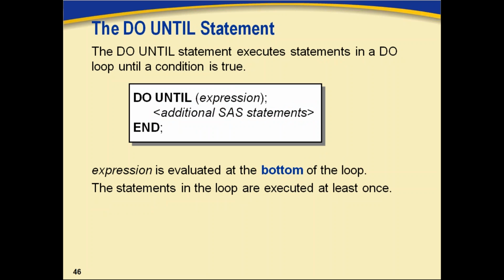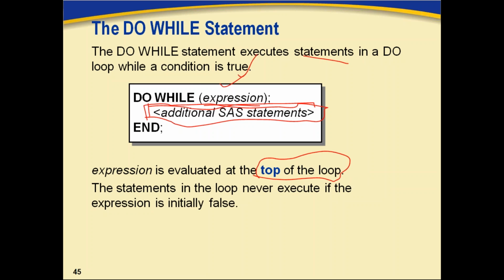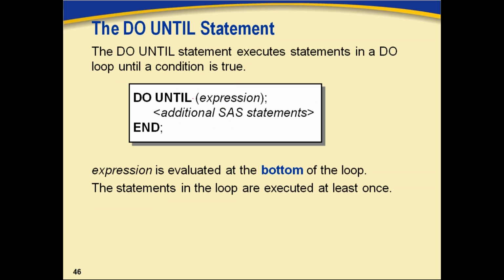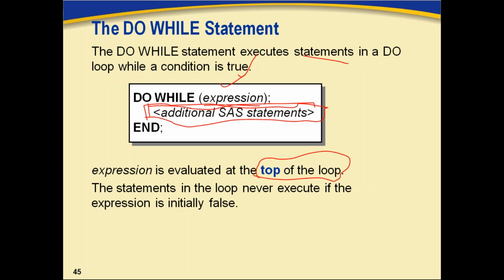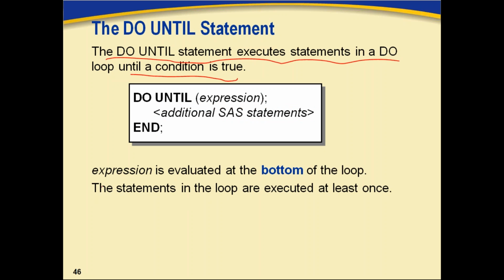Let's see an example. The difference between do until and do while is that do until will execute the statements first, and later on it will check the condition. The do until statement executes statements in a do loop until a condition is true, so the expression is evaluated at the bottom of the loop.